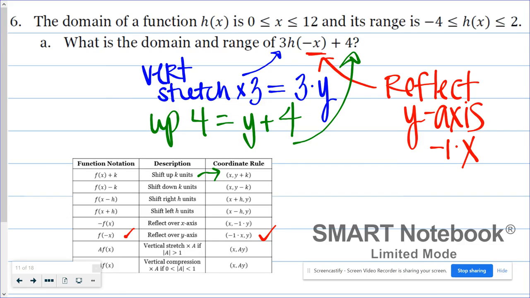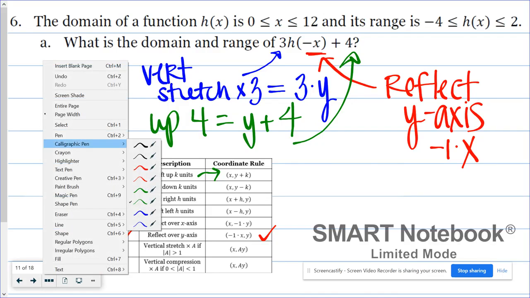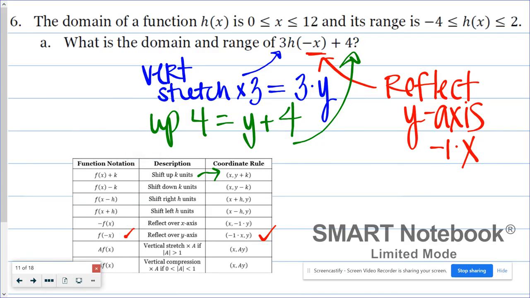Okay, so now I want to put all of this together and find the domain and range of my transformed function. So right now I know the domain is 0 is less than or equal to x is less than or equal to 12. I know to my x values, I need to multiply them by negative 1. Okay, so I need to multiply both of those values by negative 1.